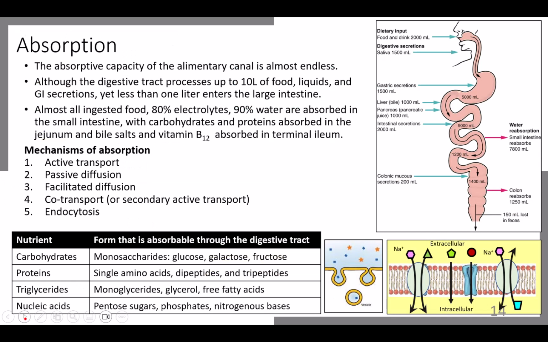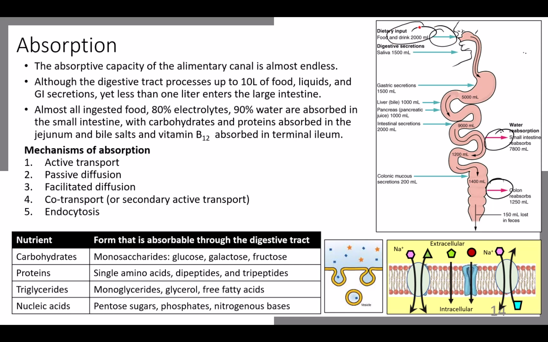In terms of absorption, there are different ways that things get absorbed. Over here on the top right, you've got the amount of water that's absorbed and water that's secreted into the digestive tract. So red arrows are where water is absorbed, and these blue-green arrows are where water enters into the digestive system.